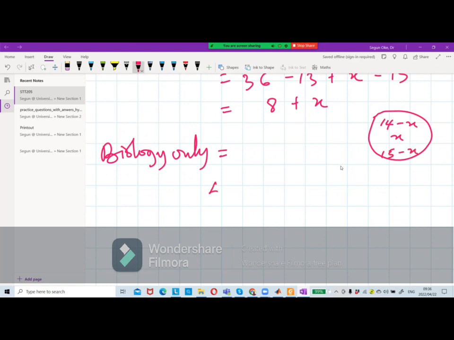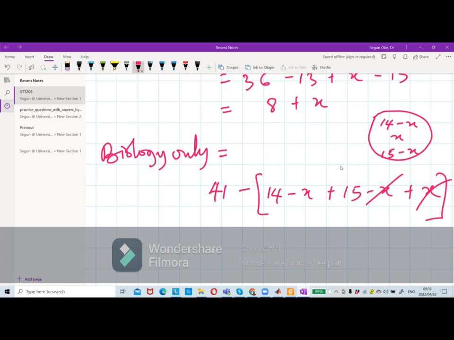So we have 41 minus, open the brackets, 14 minus x plus 15 minus x plus x. Because this one goes with this. So when you open the brackets, you have 41 minus 14 plus x minus 15.